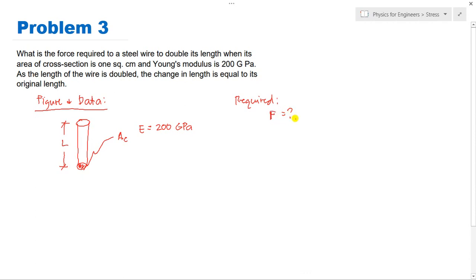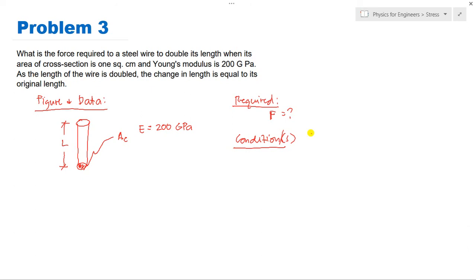Maybe this one is tension or compression. So ingon sa ko na siya diri kay naa siya mga conditions. So sa pag-solve nato kay ato i-consider ang mga conditions nga naa nga present sa atong problem. So ingon siya kay what force required to a steel wire to double its length when its area is 1 square centimeter.